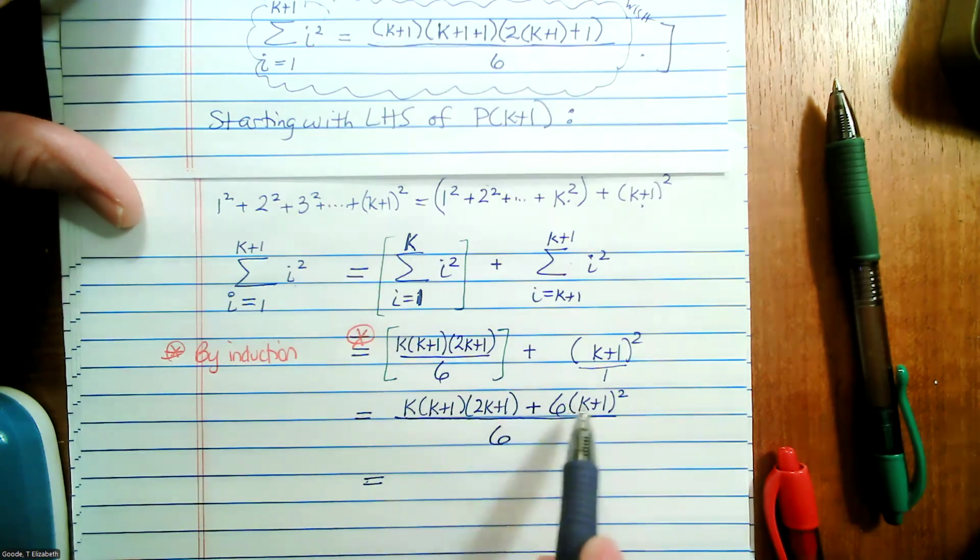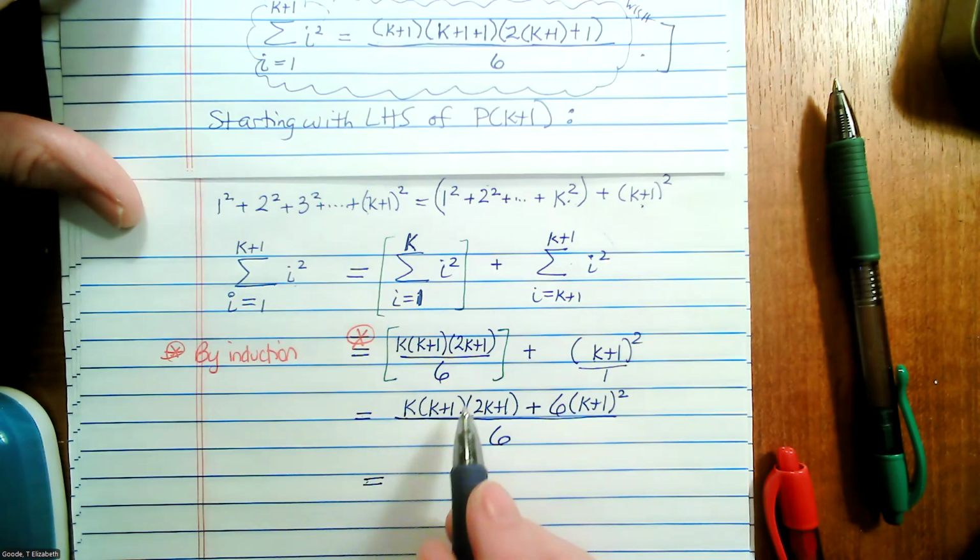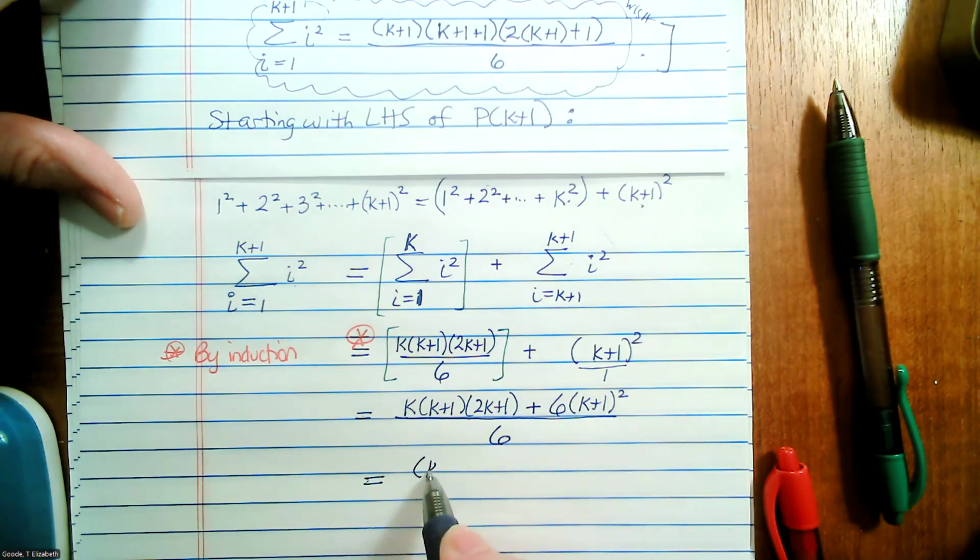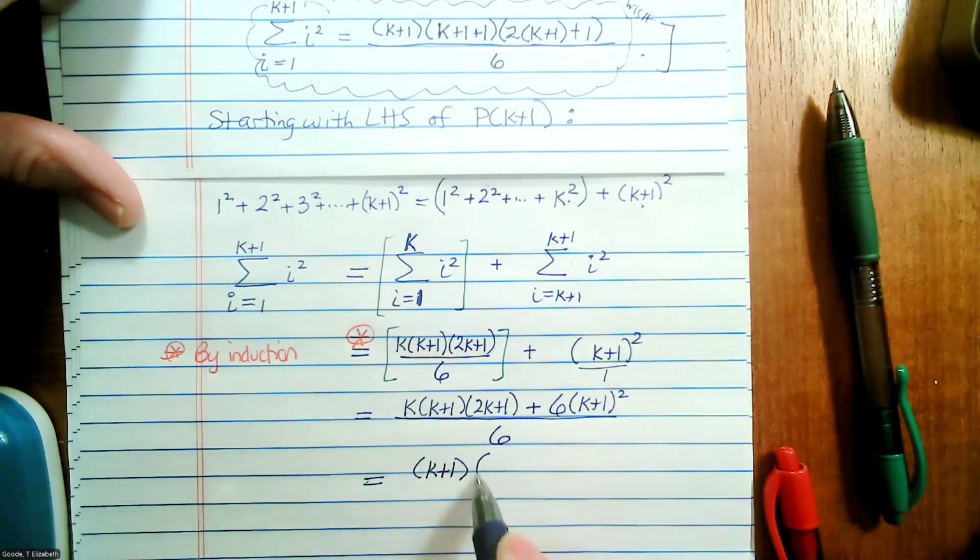What is the factor that is common to both of these that we can factor out of both? Would it be k plus 1? It would indeed. Let's pull out that k plus 1.